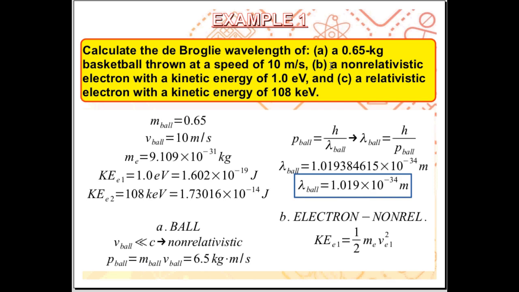Now, for letter B, non-relativistic electron. Non-relativistic, so we go back to classical physics. Kinetic energy in classical physics is given by one half mv squared. So kinetic energy of the electron is one half times mass of the electron times square of the speed of the electron.